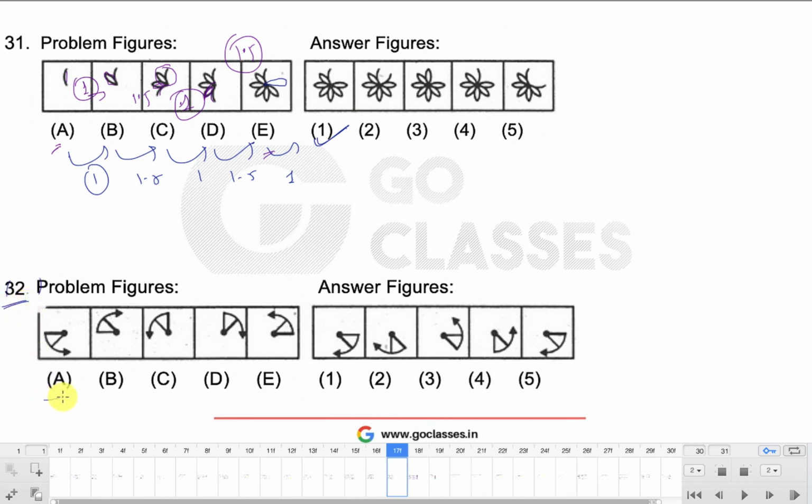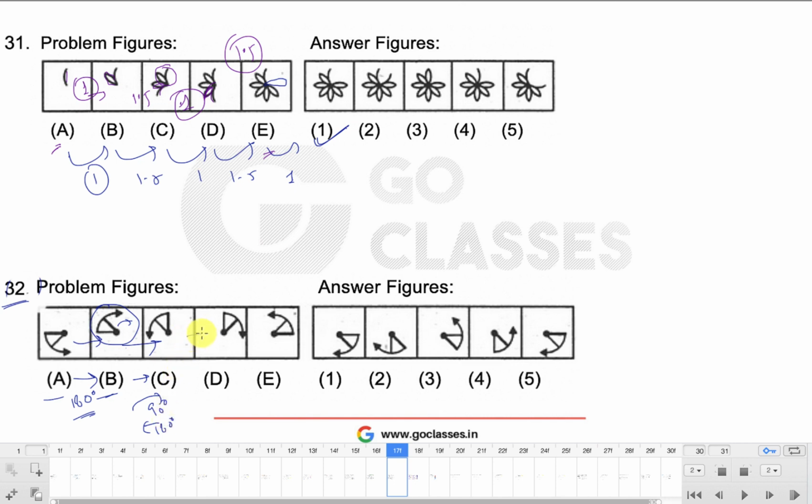Now question number 32. You can see from A figure to B figure, it is just a mirror image. B is the mirror image of A, or you can say from A to B, it is a flip of 180 degree upward, right? Now from B to C, it was first rotated by 90 degree like this, then flipped 180 degree, right?